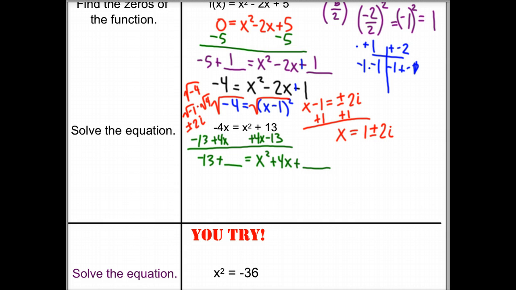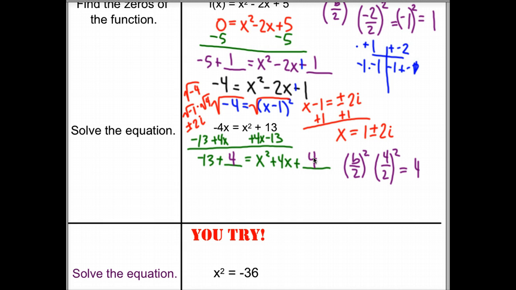Now let's find our b over 2 squared term. We know that b is 4, so we have 4 over 2 squared, which is the same thing as 2 squared, which is 4. So we're adding 4 to both sides.